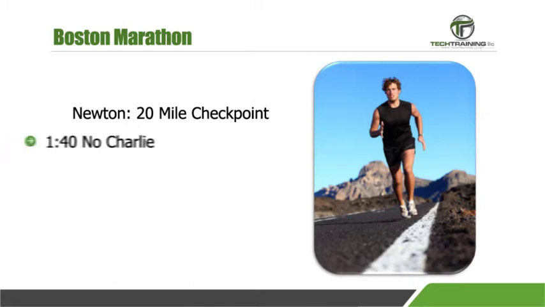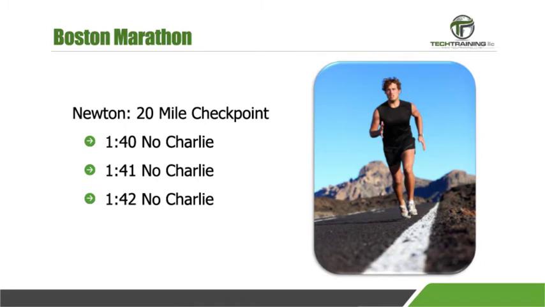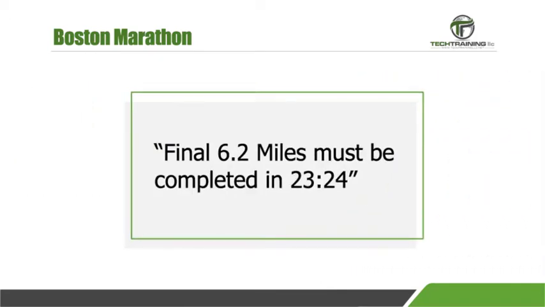As you wait, 1 hour and 40 minutes comes and goes, as does 1 hour 41 minutes and 1 hour 42 minutes. And no Charlie. Finally, at 1 hour 42 minutes and 36 seconds, Charlie passes the Newton checkpoint. Now, Charlie only has 23 minutes and 24 seconds to reach the finish line at 2 hours and 11 minutes.